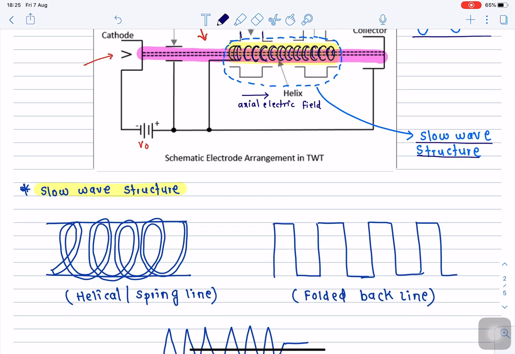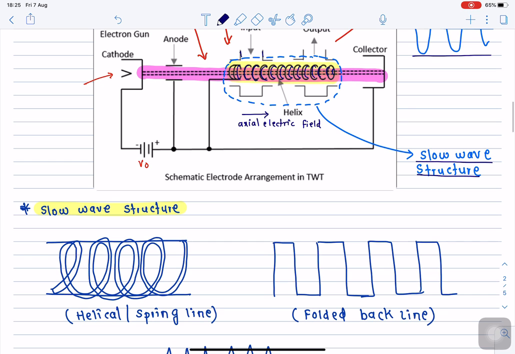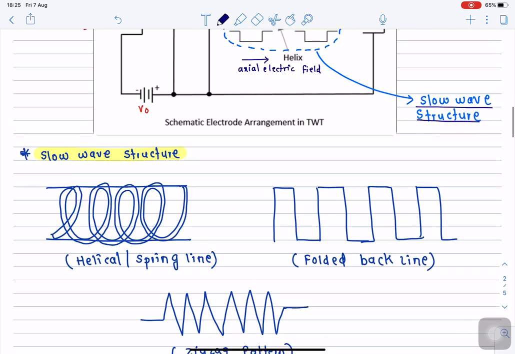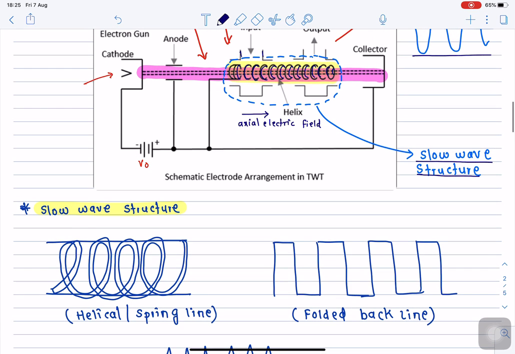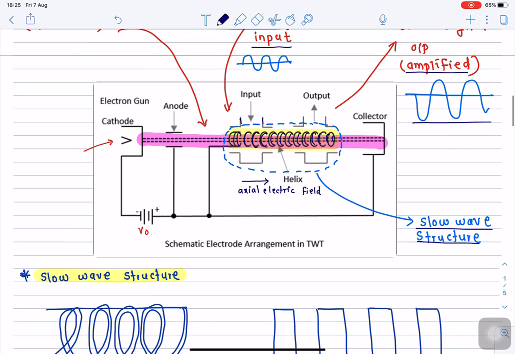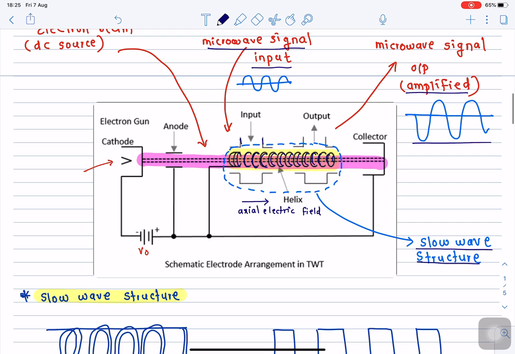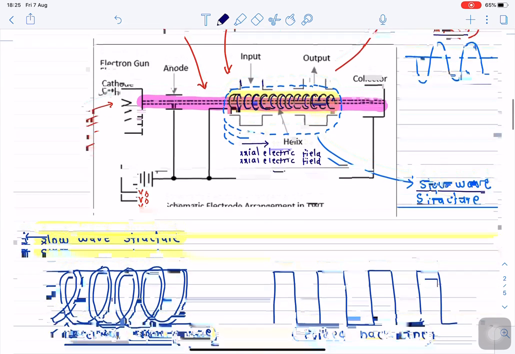See, when the electrons get emitted by the cathode, we want to provide the energy from these electrons to our field which we want to amplify, that is, in our case, a microwave signal. So what we need is a mechanism with which we can slow down the propagating velocity or the speed of the electron, such that the bunching of the electrons will take place over a certain length of distance.